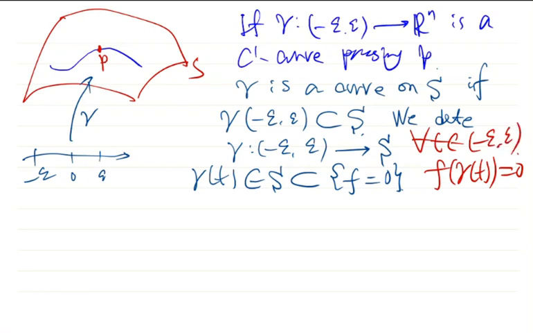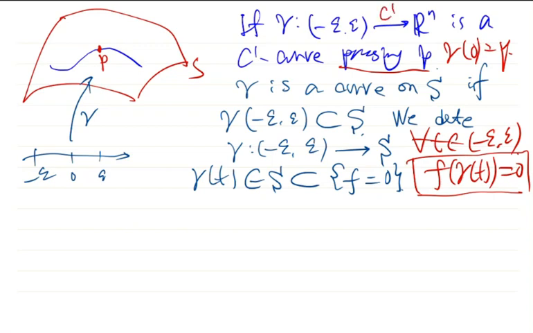Okay? So what can we do? Using this condition, and the curve is passing through P, this means gamma(0) is P. So we can take the derivative, because f is differentiable. F is C1, therefore differentiable. And gamma is also C1. So by the chain rule, the composition f of gamma is a C1 function, because f is real valued.